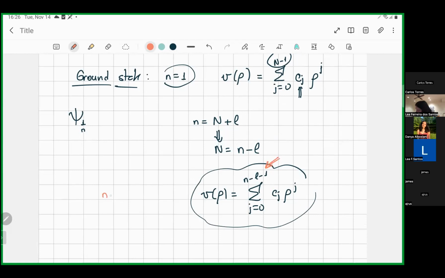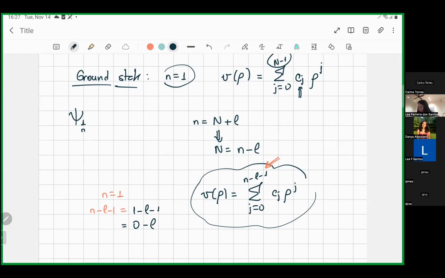If n is 1, the largest part of this series will be n minus L minus 1, which is equal to 1 minus L minus 1. So this is 0 minus L. Okay, so you see that L cannot be larger than 0.